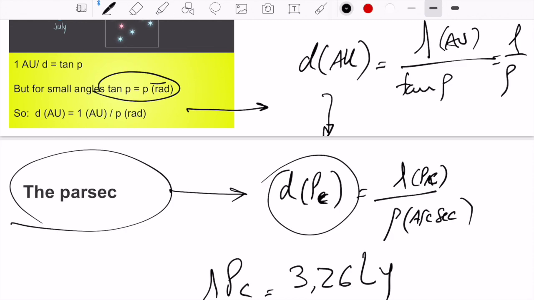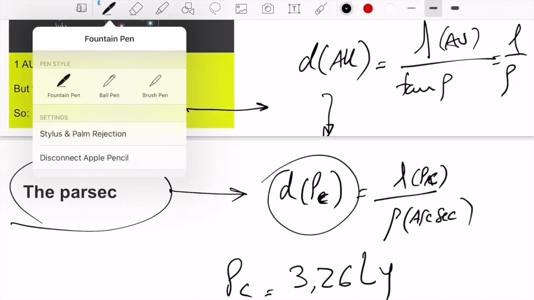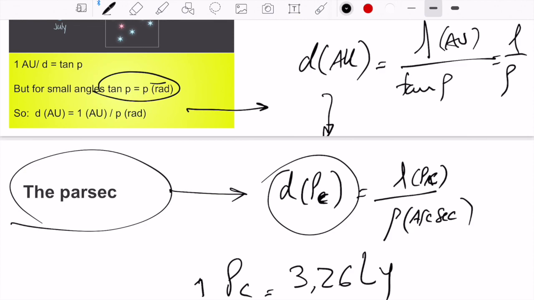So the distance of 1 parsec means the same distance that light travels at the speed of light, which is 3 times 10 to the 8 meters per second, for a whole year.